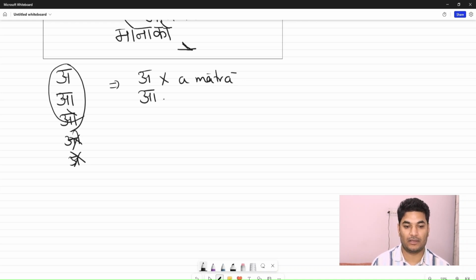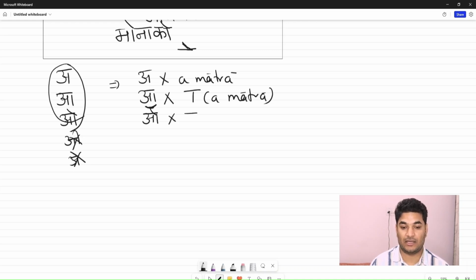When A is placed at the start of a word, it will be written in its full form, but it has a matra. Then we have O, its full form written like this, and then with matra written like this. So when O is the start of a word, it is done like this. Okay, fine.